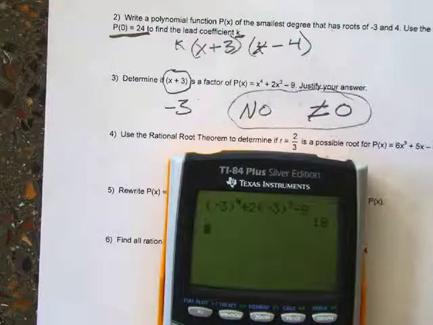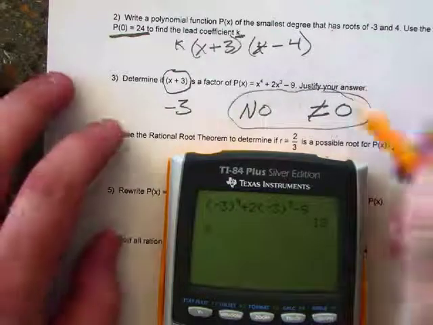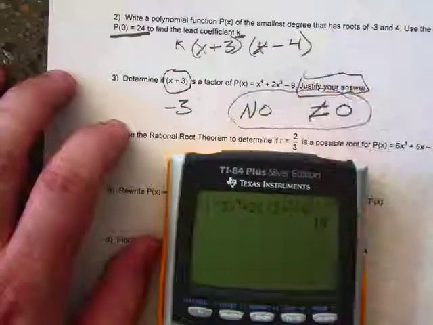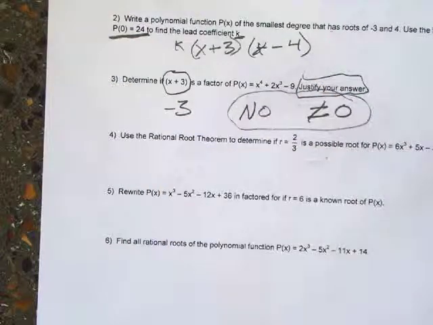And we see that once we do all the math, everything all together, we get 18. Does 18 equal 0? No. So that's your justification. 18 does not equal 0. That's how you go through this.